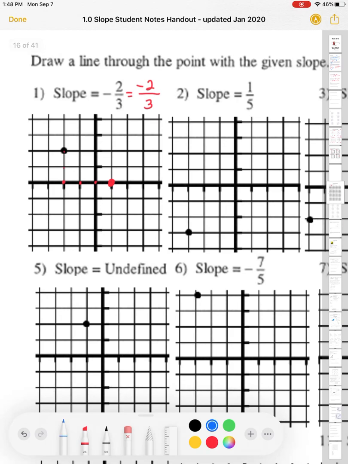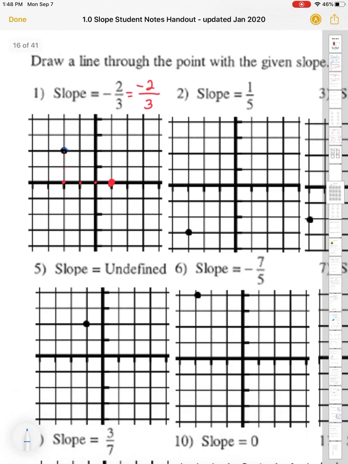Once we've done that, we found that point, then we can connect our starting point to our new point. Now, I'm writing on an iPad, so I can't use my ruler because then it shifts the screen. On yours, hopefully you printed the paper out and you can use a ruler to connect those nice little dots.